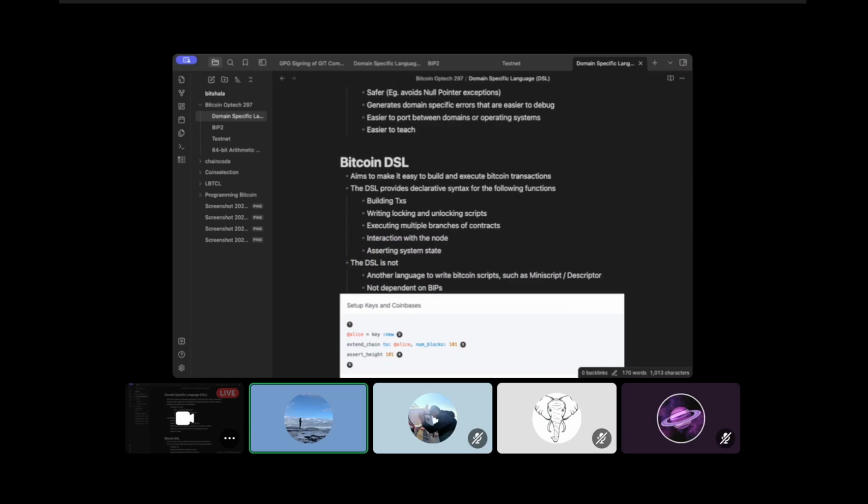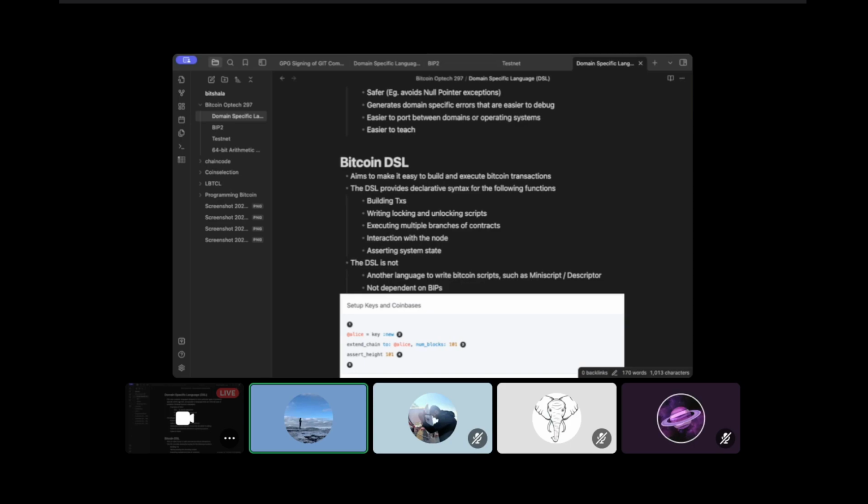So this DSL, which is being designed, will provide you a declarative syntax. It can help you build transactions. It can write scripts for you, simple locking scripts, and then maybe it can interact with your node, and it can also get you the state of the network, those kinds of things.